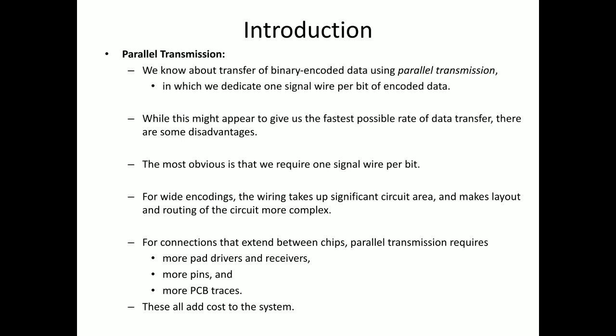In parallel transmission, one signal wire carries one bit of data, and more wiring and more connections are involved, which increases the area. To avoid the increase of area we were using parallel buses, but still the area was not reduced that much.